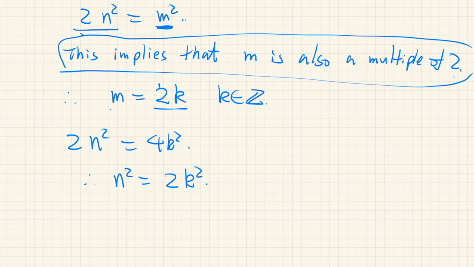So that means n squared is an even number. By the same argument, therefore, n is an even number. So n can be expressed as 2 times l, where l is an integer.